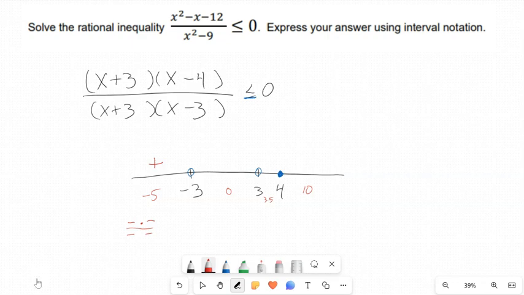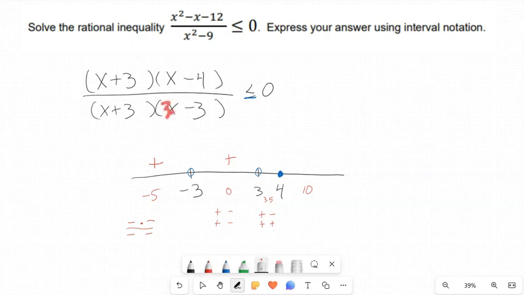Plugging in 0, we can see we'll get positive, negative, positive, negative. 2 negatives make a positive. 3.5, positive, negative, positive, positive.